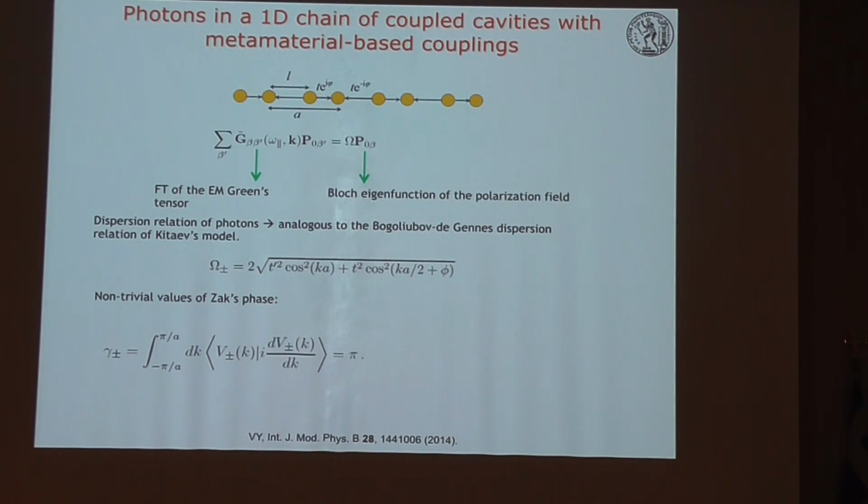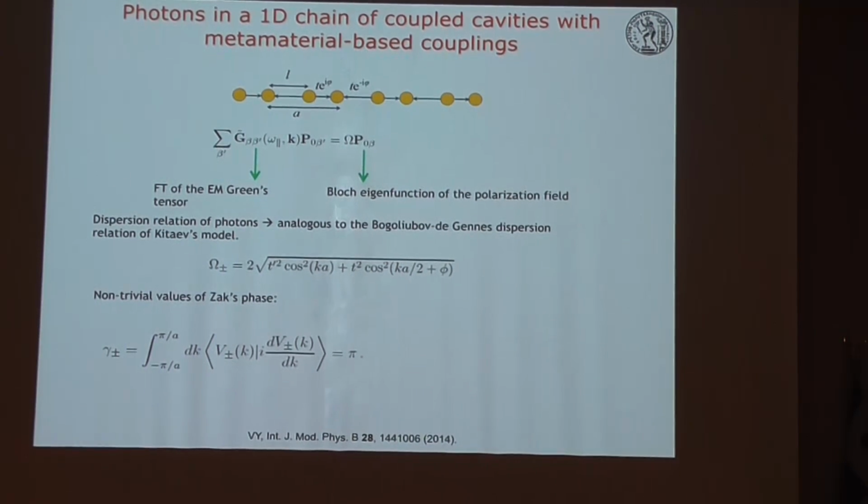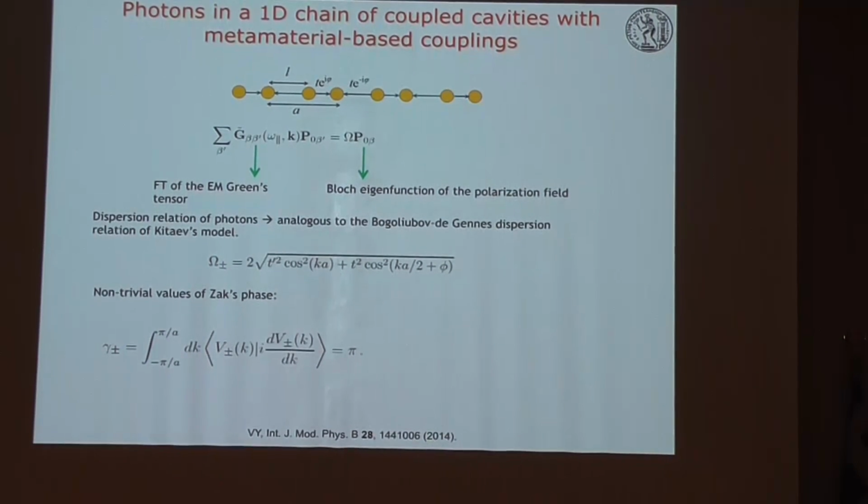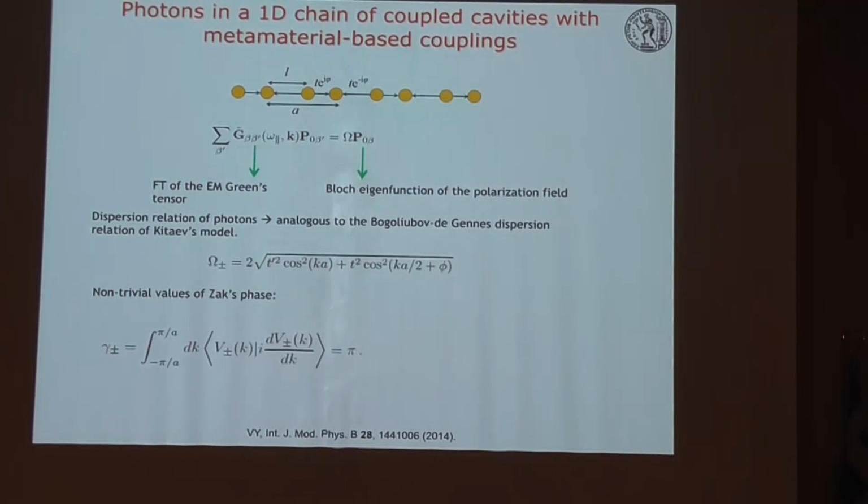One can actually calculate the eigenvalues and the frequency dispersion for such a lattice, which is the same equation as the Bogoliubov-de Gennes dispersion of Kitaev's model.